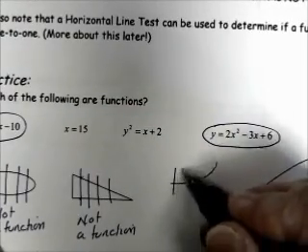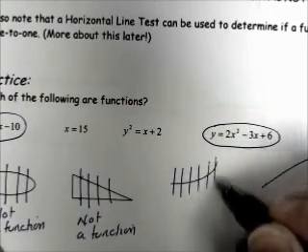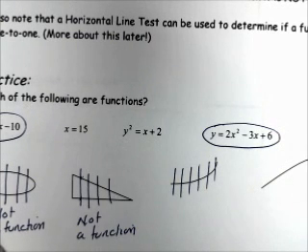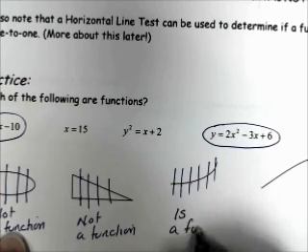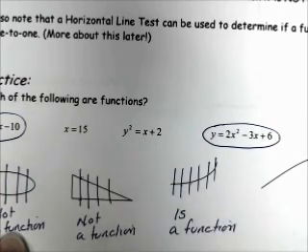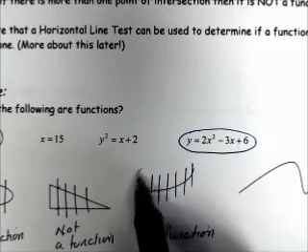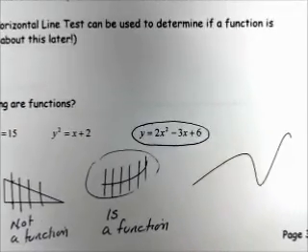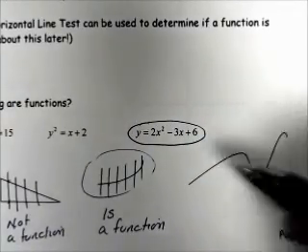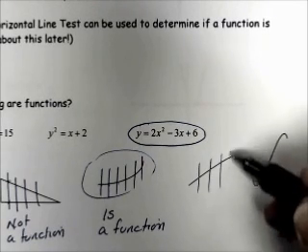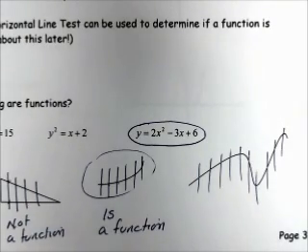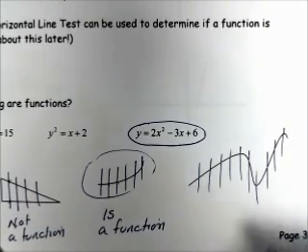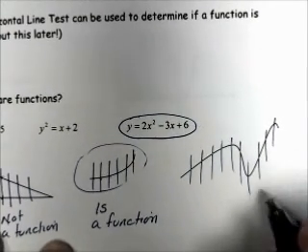Draw vertical lines here. Each vertical line crosses the graph at only one point, no more than one, so yes, this is a function. And this guy is a function. And here, drawing vertical lines, each vertical line hits the graph at only one point, so it is a function.